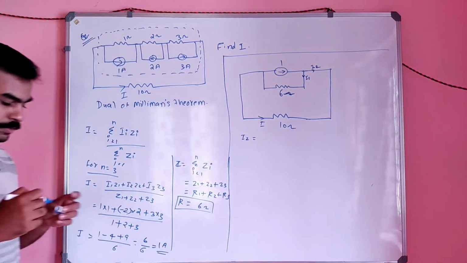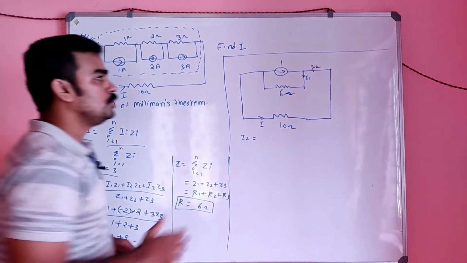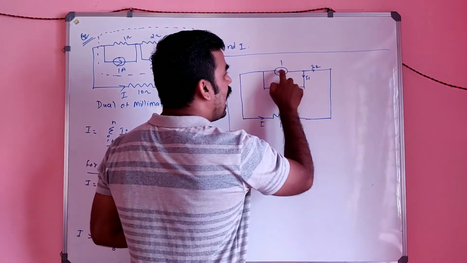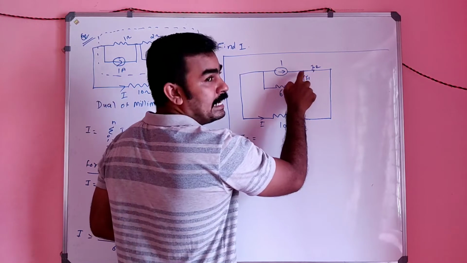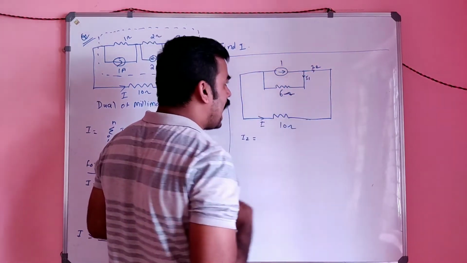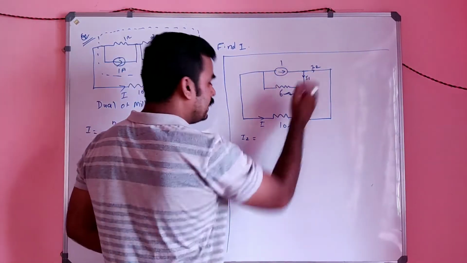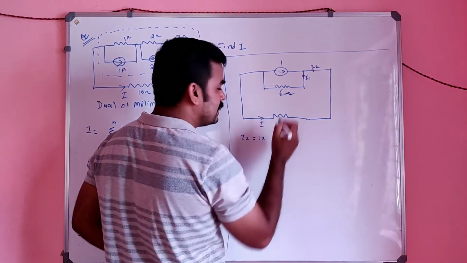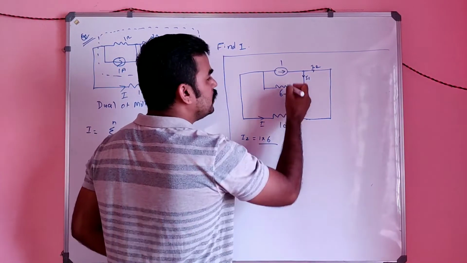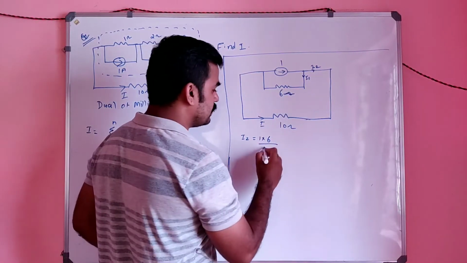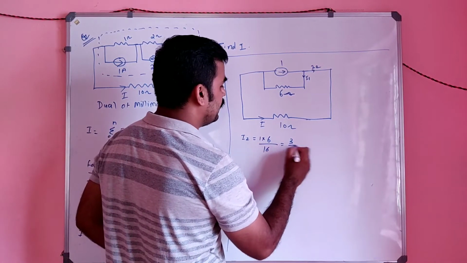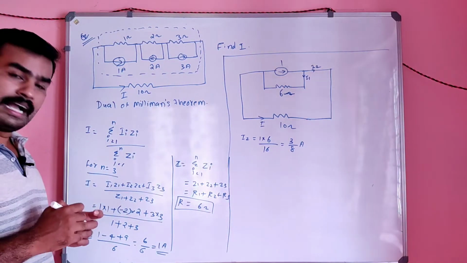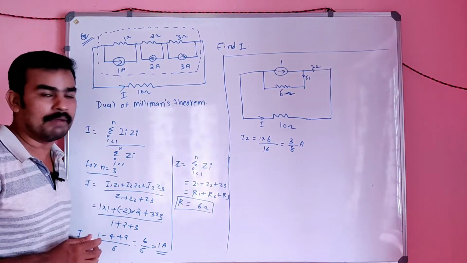So use the current division rule here. I2 will be the entering current 1 ampere into the opposite branch resistance, 6 ohm, whole divided by the total resistance, 6 plus 10 is 16 ohm, which is 3 by 8 ampere. I2 is equal to 3 by 8 ampere.